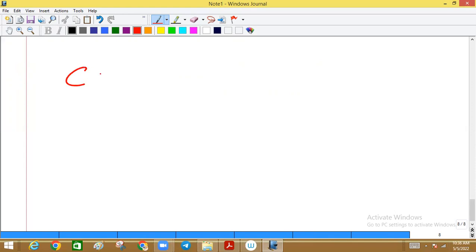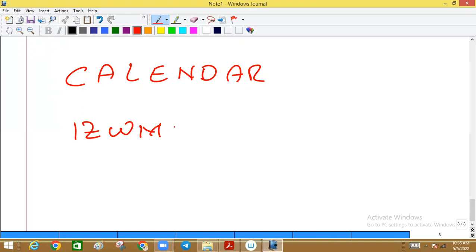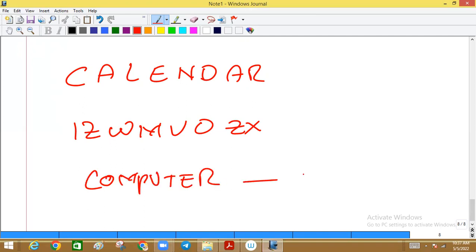In a certain code language, calendar is written as I, Z, W, M, V, O, Z, X. Then how is computer coded?